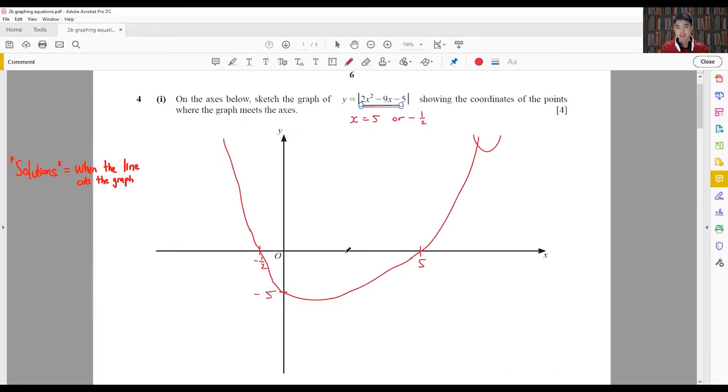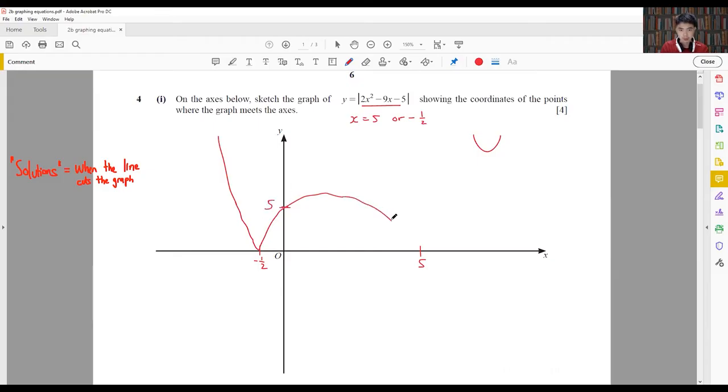But since it is a modulus graph, it would be reflected off the x-axis. It will be reflected here. Okay, so the graph would instead look something like this. And then from here it would bounce, and intersect, instead of negative 5, at 5.